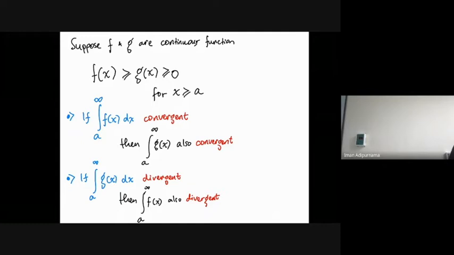Based on this comparison, what you can do with this theorem is, if you have any integral, say from 1 to infinity of some f(x), and it is only asking whether it converges or diverges, without necessarily needing to assign a value if it converges, then without knowing the value, we can use the comparison.